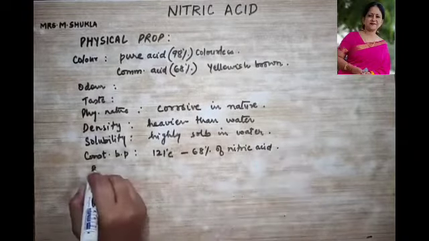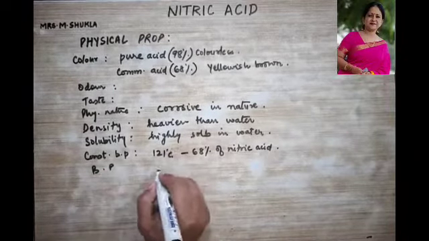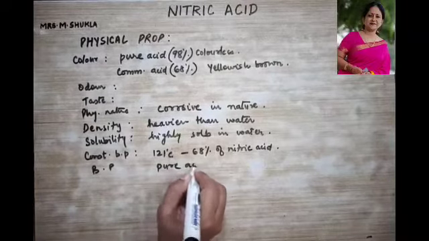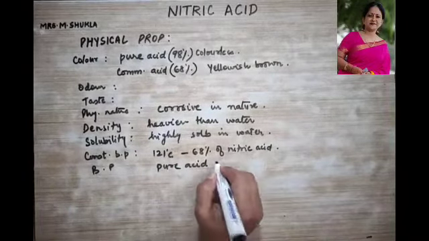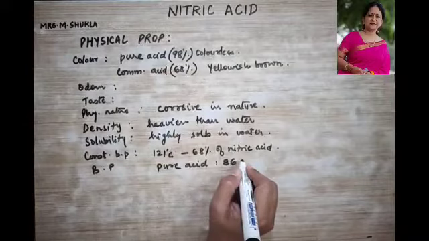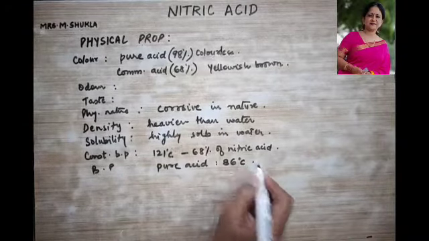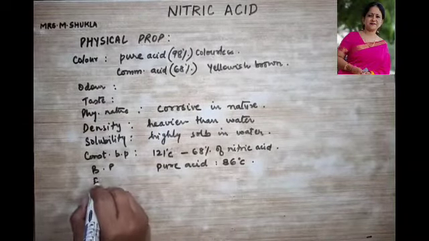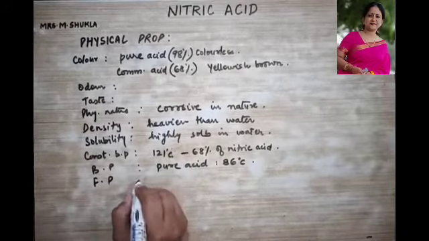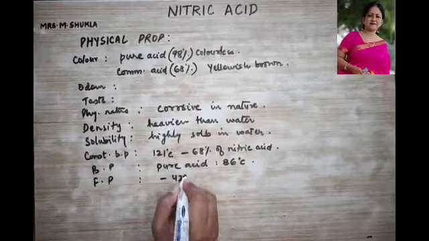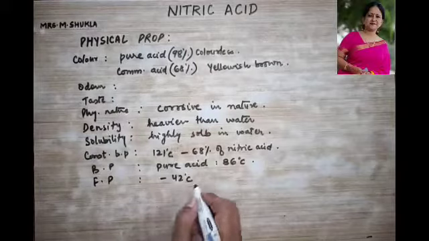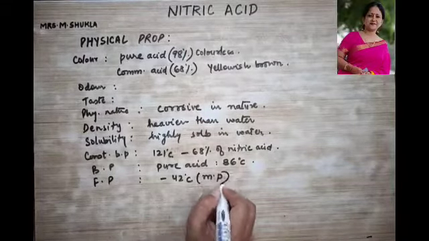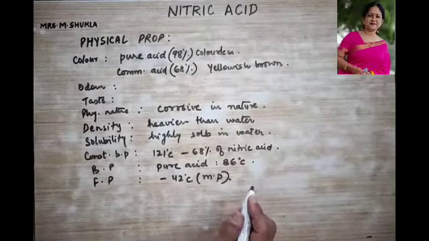Clear? What is the boiling point of pure acid? This time I'll tell you what pure acid is. It is 86 degrees Celsius, and it also freezes. Its freezing point will be minus 42 degrees Celsius, or you may say its melting point is minus 42 degrees Celsius.